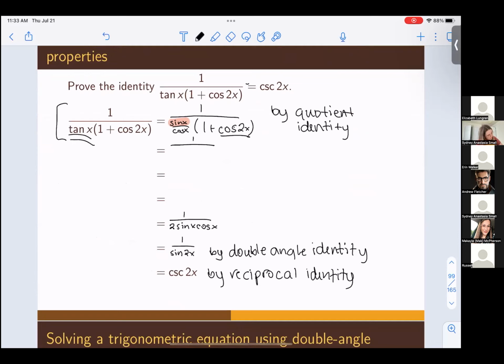I have 1 over sine x over cosine x times 1 plus 2 cosine squared x minus 1. Cool. And how did I do that? I used a double angle identity.